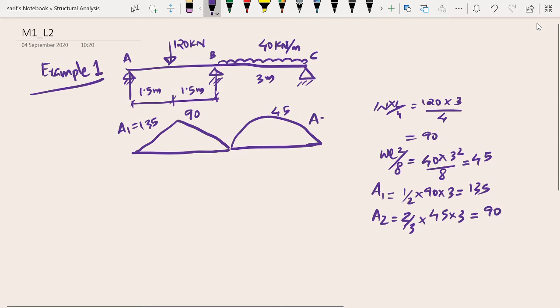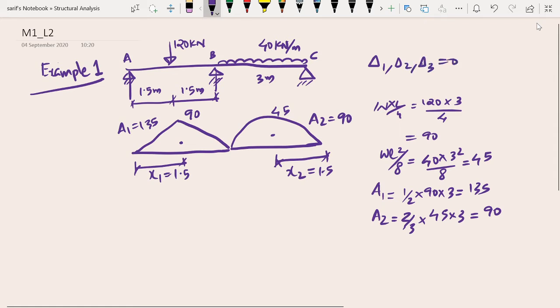Now we have to mark X2 also. Since it is a symmetric bending moment diagram, X2 would be equal to 1.5. Similarly, this is also a symmetric bending moment diagram, so X1 will also be 1.5. Also, there are no support settlements, therefore delta 1, delta 2, delta 3 will be equal to 0.